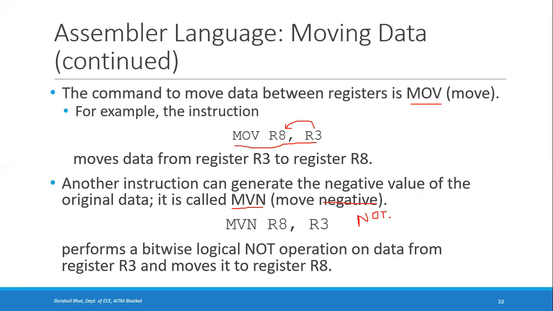So what happens in MVN R8, R3 is that a NOT operation is performed on R3, but R3 will remain the same. Ones will be considered as zeros, zeros will be considered as ones, and that will be copied into R8. The logical NOT of R3 is copied into R8. That is called MVN, or move not.